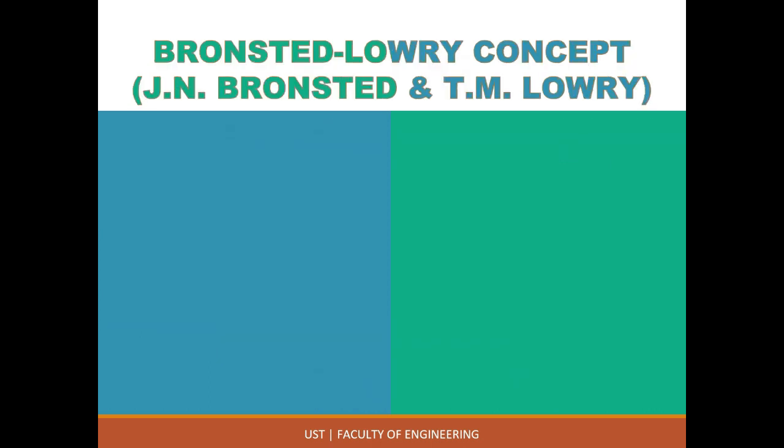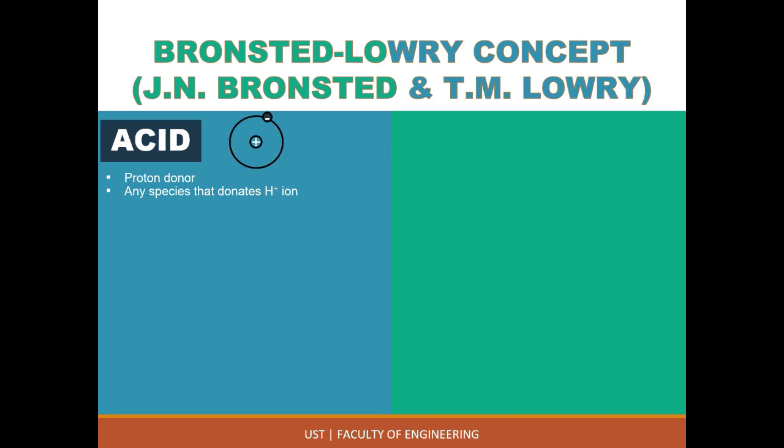These limitations are overcome by the Brønsted-Lowry model. In this model, an acid is defined as something that donates a proton, or any species that donates H+ ion. An H+ ion is a proton because if a hydrogen atom loses an electron, all that is left is a proton that comprises the nucleus. Therefore, an acid must contain H in its formula.